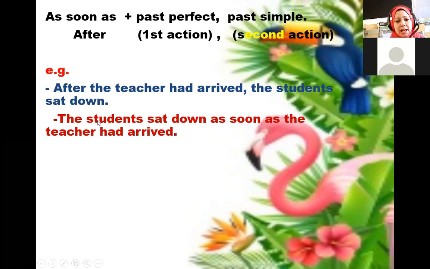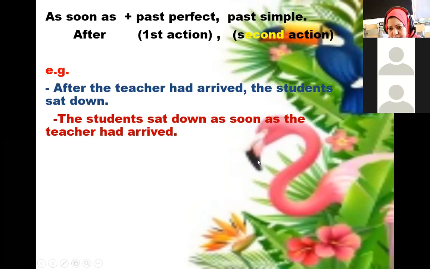The students sat down or the teacher had arrived? Yes, Zainab? The teacher had arrived. The teacher had arrived happened first. Excellent. And the second is the students sat down. Perfect. Thank you, Zainab.